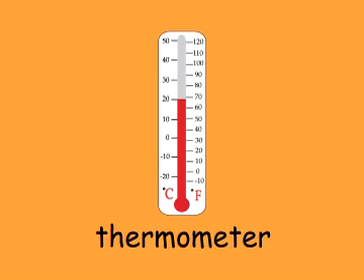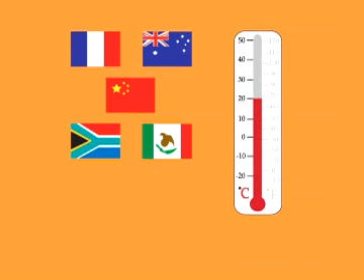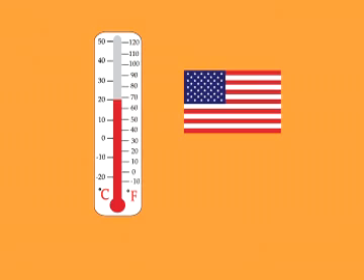A thermometer measures the temperature in degrees. In many countries, people measure temperature with a scale called Celsius. In the United States of America, we measure temperature based on a scale called Fahrenheit.